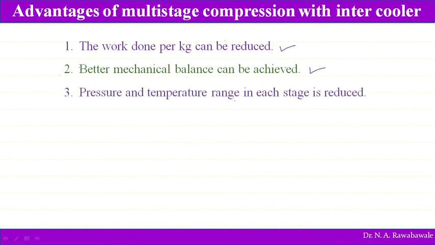That is one of the advantages of multi-stage compression. The third is that the pressure and temperature range in each stage is reduced. If it is compressed in one stage, the pressure ranges from P1 to the final pressure directly. If it is compressed in multiple stages, the pressure range and temperature range are reduced, and loss of air due to leakage is less, because the LP cylinder is allowed certain clearance, while the HP cylinder has tight, less clearance, so there will be less leakage.